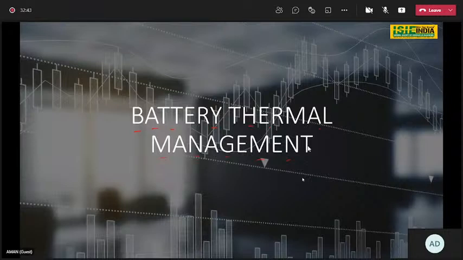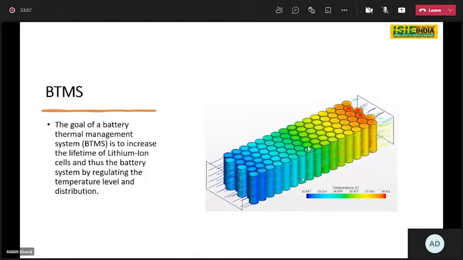Do we really need it? Keeping all these questions in mind, I'll start the session. During the session, if anyone has any doubt regarding any point, you can stop me then and there and ask. We'll try to answer these questions during the session. So let's start with what is BTMS.